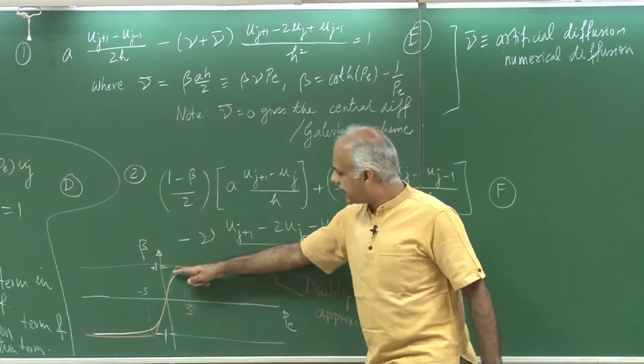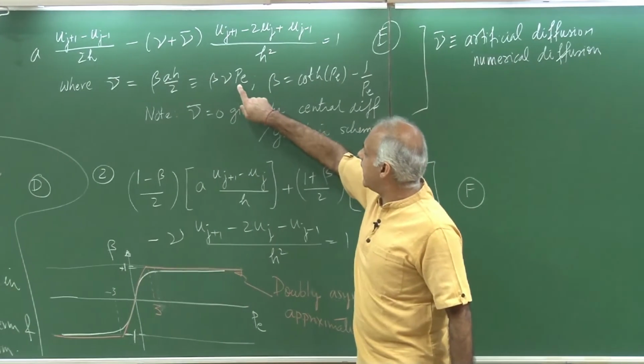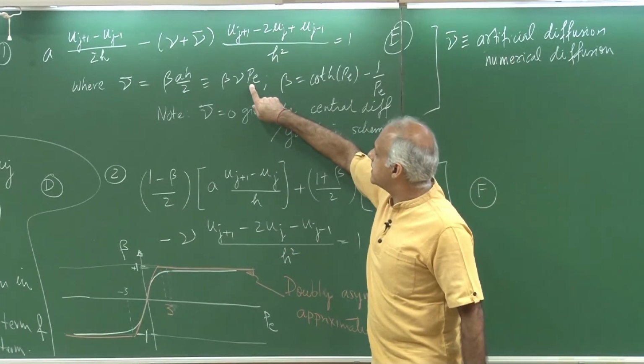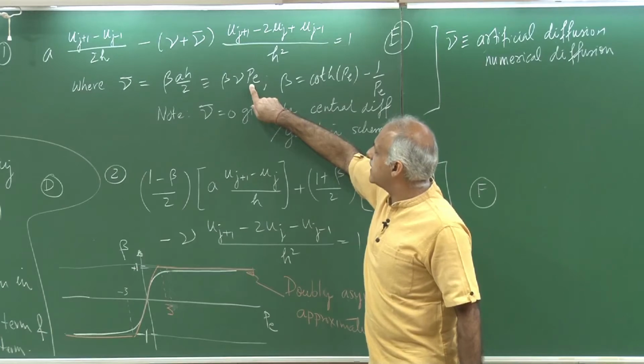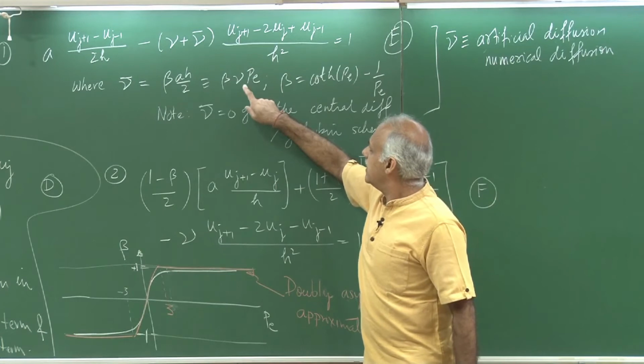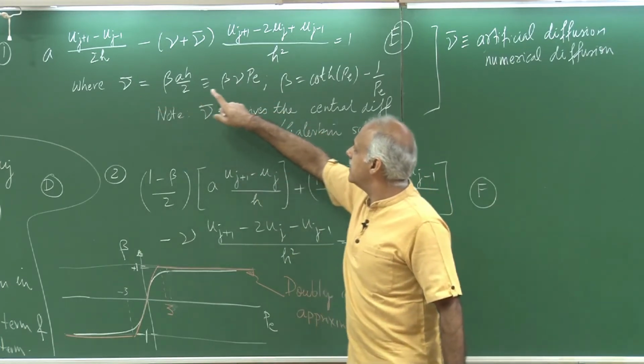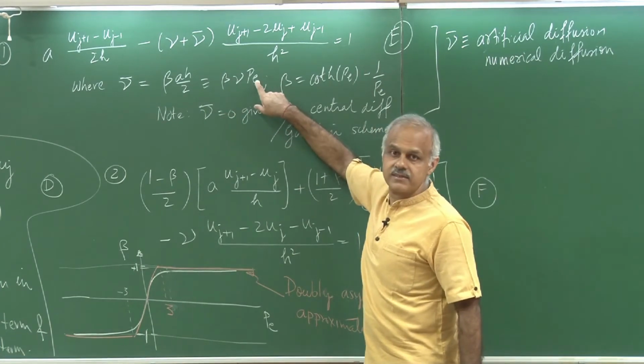You can read beta off from this table. As your Peclet number changes, you can add the correct amount of artificial diffusion. In fact, you can see that the artificial diffusion is a product of these three quantities.